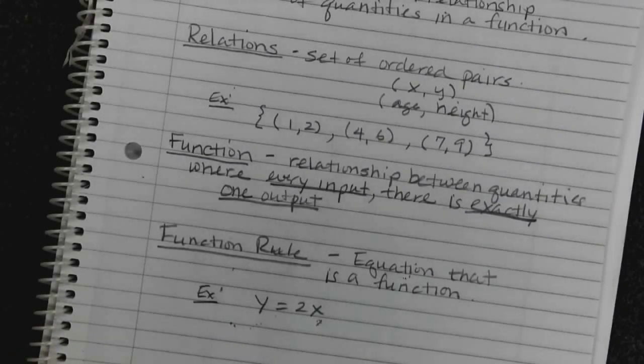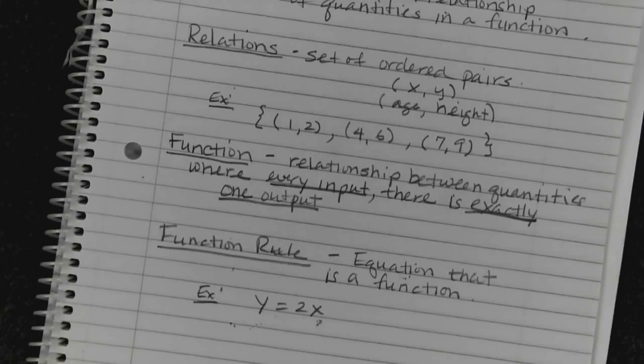Not every equation is like this. So I drew a picture here. This equation right here on the board, x squared plus y squared is equal to 4, is an equation of a circle. This is an equation because it has an equal sign, with variables and numbers and operations. But when I graph this, when I plug in an x value, I'm going to show you how many answers you're going to get.